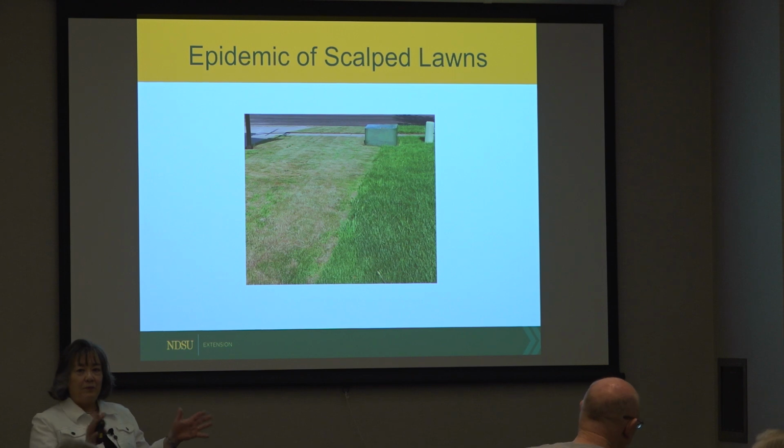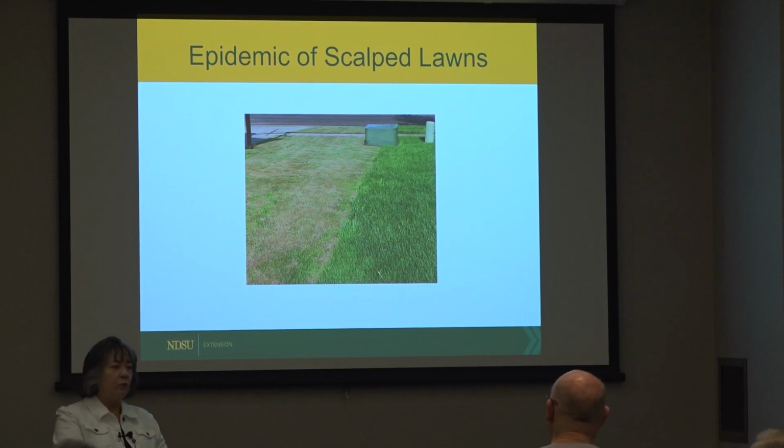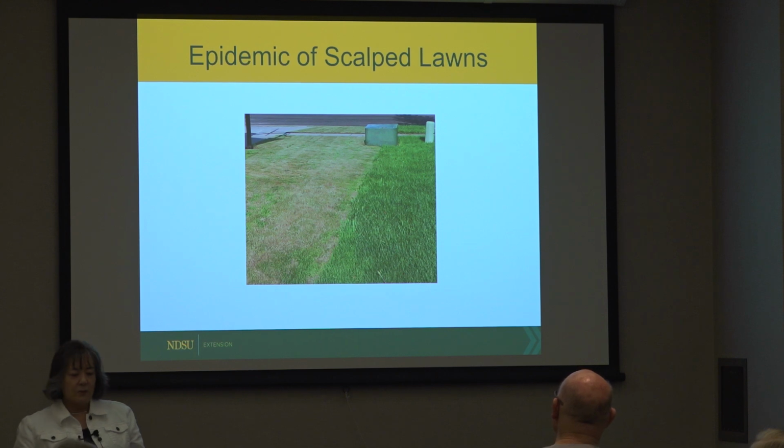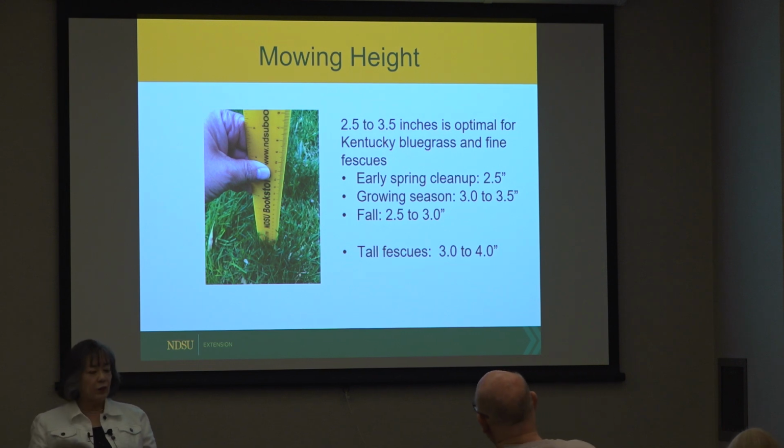But you can see there's a big difference between a lawn that's grown at a taller height and one that is scalped. So we've got an epidemic of scalped lawns. So we're trying to advocate a mowing height somewhere between 2.5 and 3.5 inches for Kentucky bluegrass and the fine fescues.